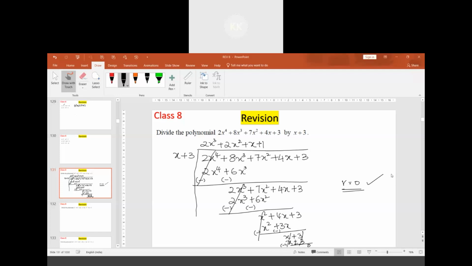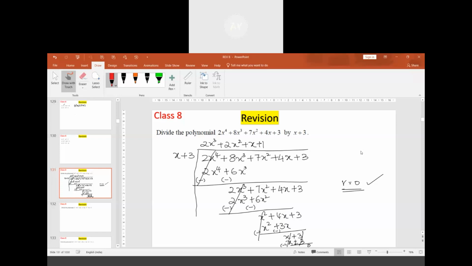And we get the remainder as 0. Yes, sir. If at all you are getting some other remainder, it means that you have gone wrong somewhere in subtracting. Hopefully all have got the same answer. Yes, sir. Yeah, I got a different answer, sir. I have used another method by dividing all the terms separately, sir.